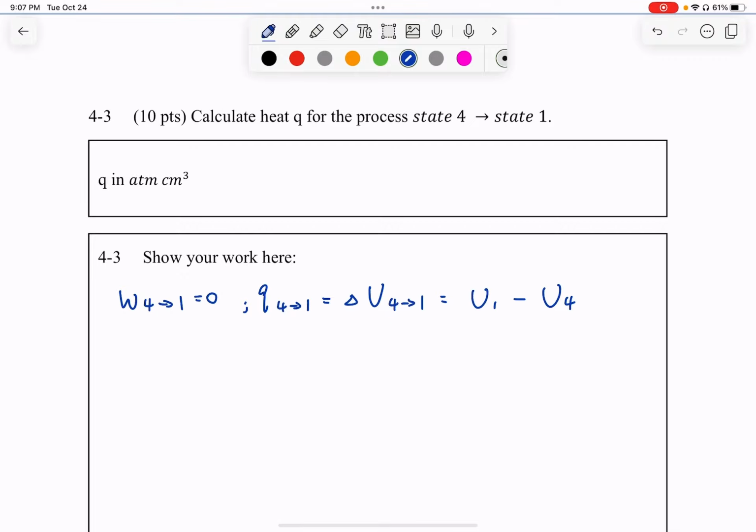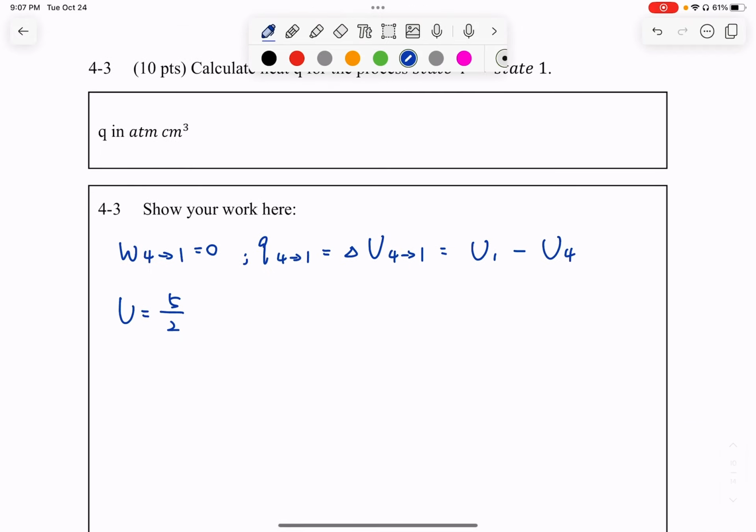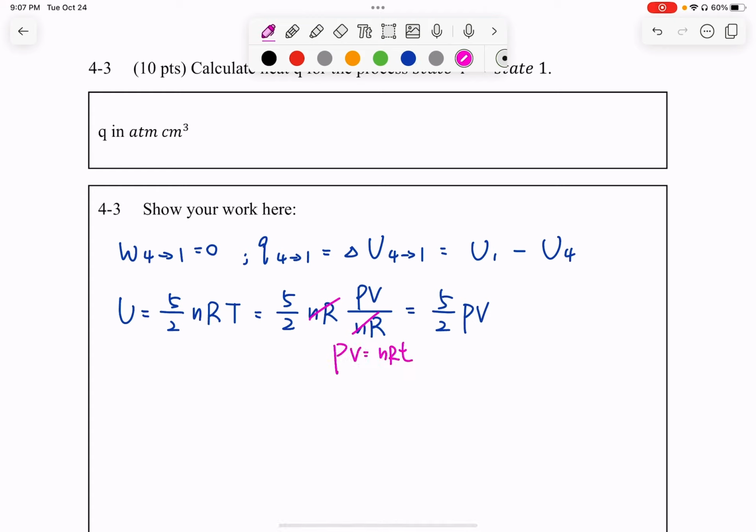In this case, we have U equals 5 over 2 nRT, or, because it is an ideal gas, we can rewrite T as PV over nR, and this nR cancels out, so we have U equals 5 over 2 PV. All right, so here we're just using PV equals nRT.